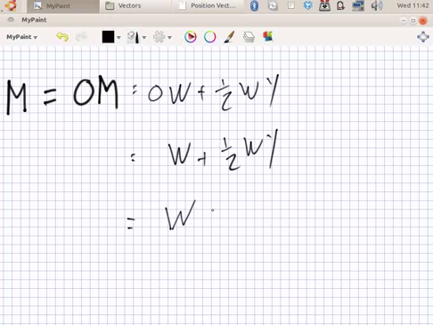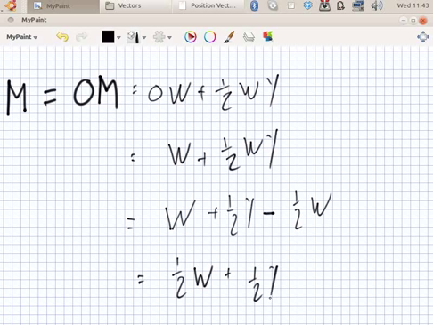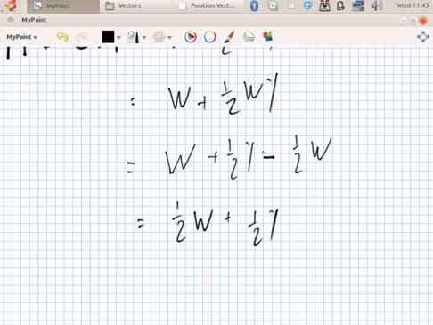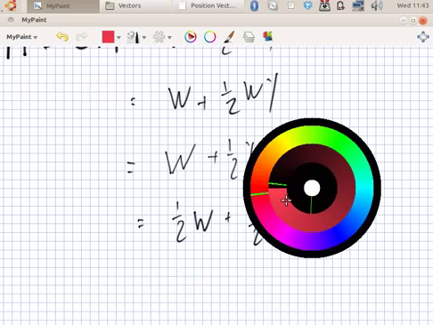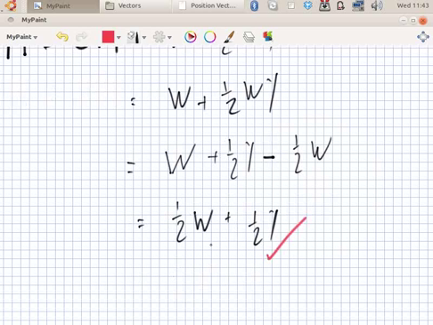So it's W plus a half Y minus a half W. So what will it equal? A half W plus a half Y. Now, do we want Y in our answer? We do. So that's fine. And we have something for W. So can you read out what was our answer for W?